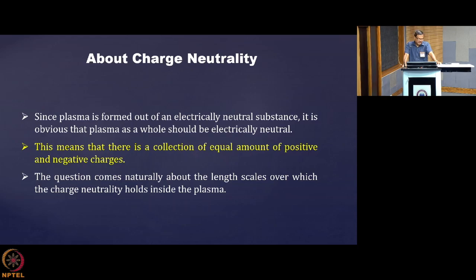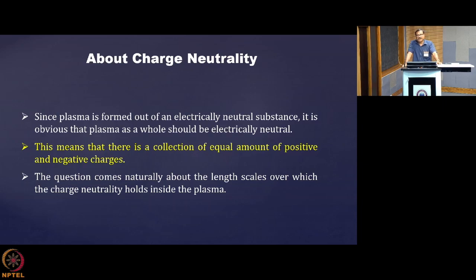Now some interesting facts about the charge neutrality. You remember that we started with a substance which is actually not charged. Like suppose the pointer I am taking, it is not charged, and if I keep on heating it, a time will come when it will melt, it will evaporate and it will form the plasma. So we started with a neutral object, and no extra charge has been given to that, nothing, neither something has been taken out.